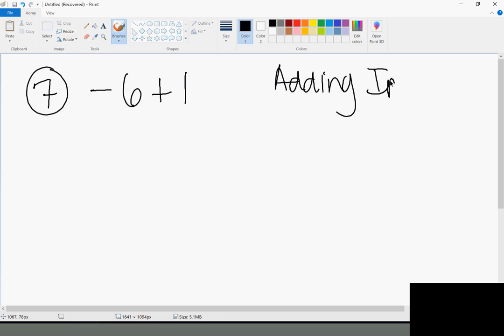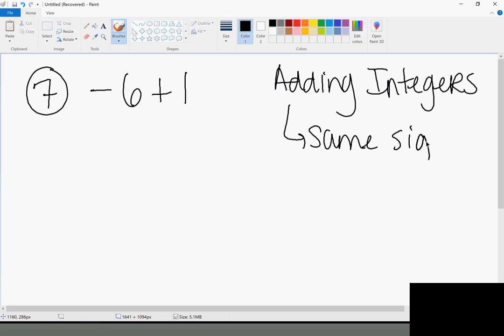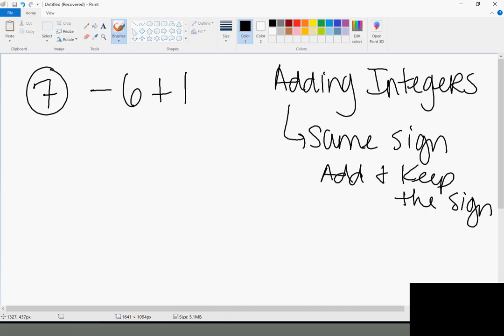So when we are adding integers, that means positive and negative numbers. When you have the same sign, you add and keep the sign. Okay?